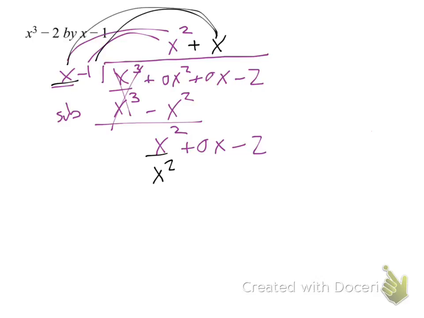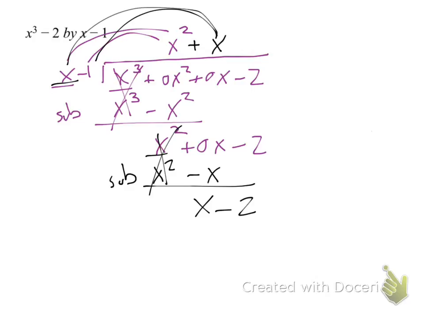And x times negative 1 is negative x. Again, you are going to subtract, and therefore x squared minus x squared is gone. And when you subtract a negative x from 0, you get a positive x. Bring the negative 2 down.